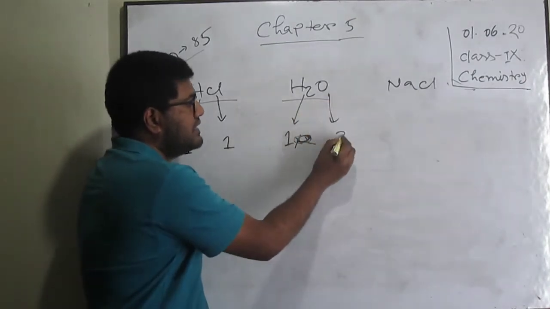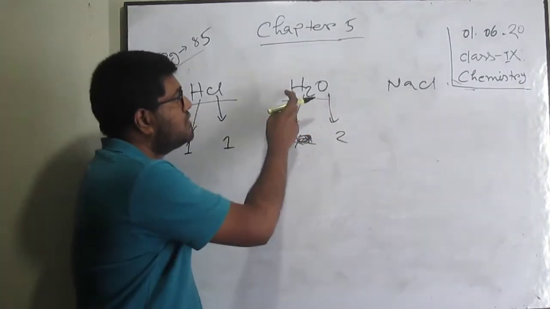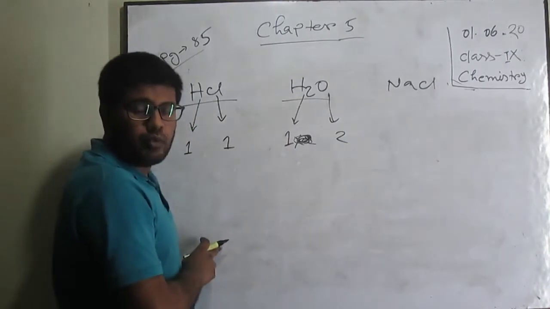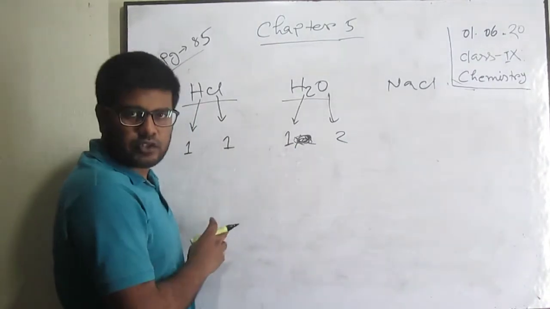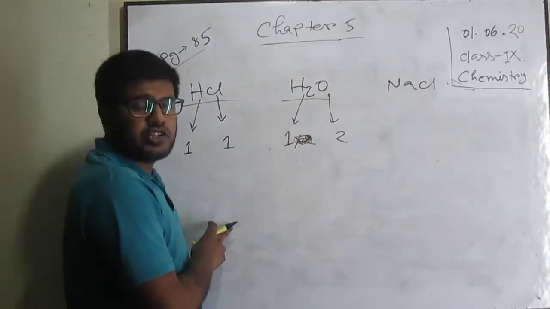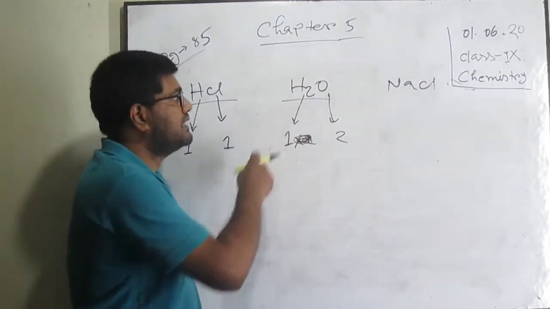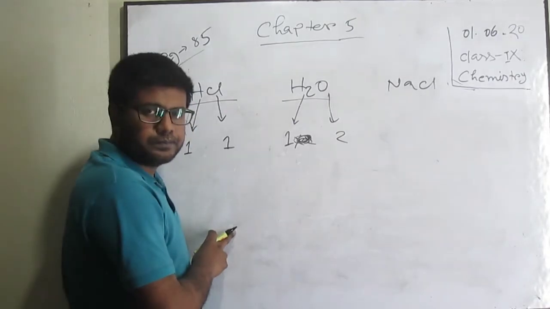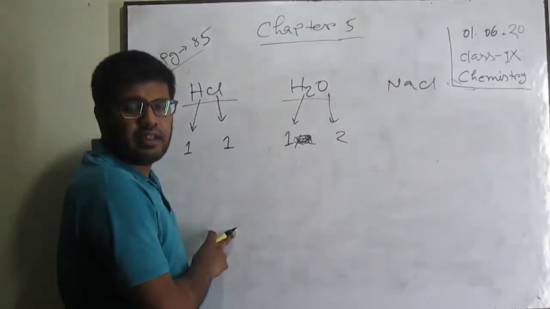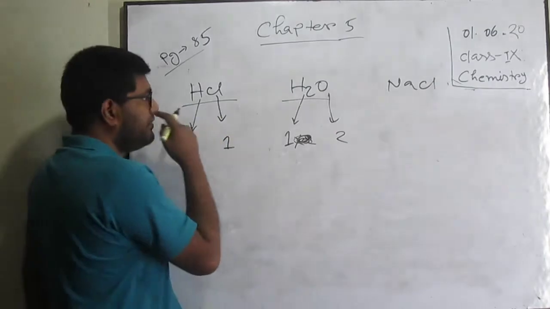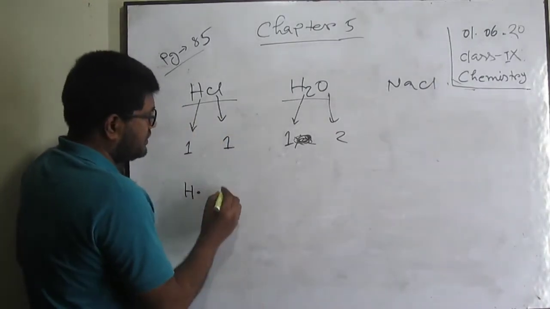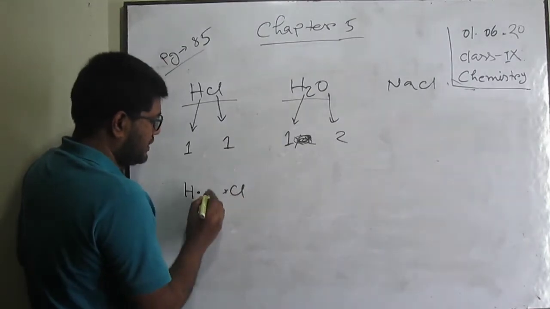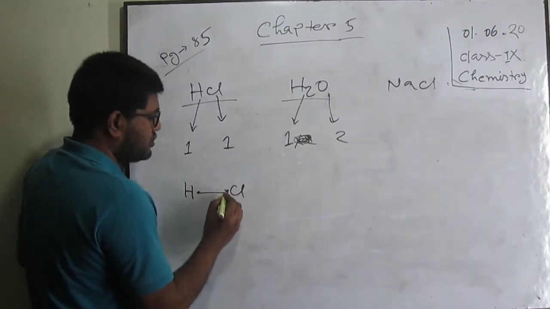The valency of oxygen is 2 because when two hydrogen atoms share 2 electrons, individually 1 electron each, one oxygen can share 2 electrons with these hydrogen atoms. If I write its formula this way, hydrogen 1 electron, chlorine 1 electron, then it can make a bond.